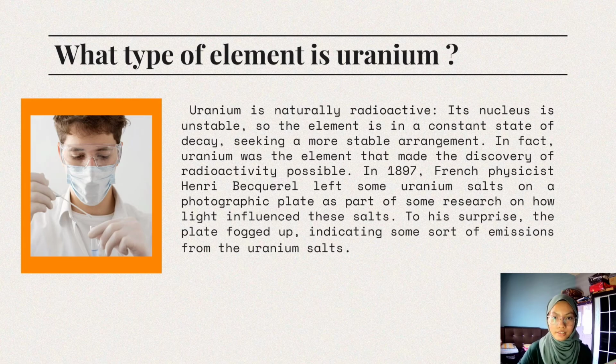In 1897, French physicist Henri Becquerel left some uranium salt on a photographic plate as part of some research on how light influenced this salt. To his surprise, the plate fogged up, indicating some sort of emission from the uranium salt.